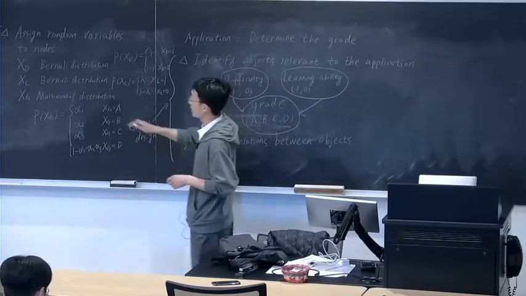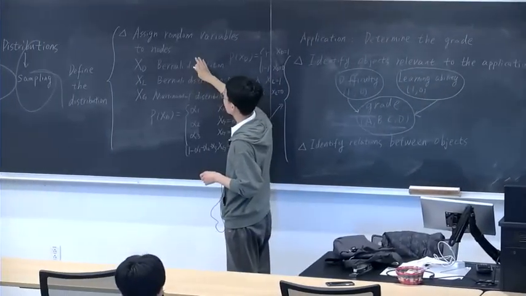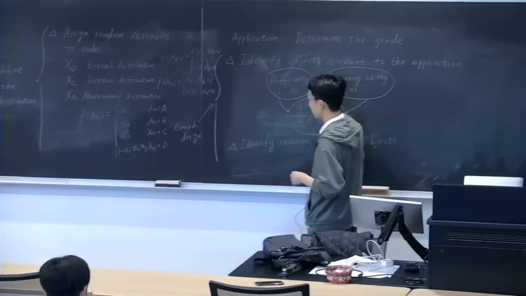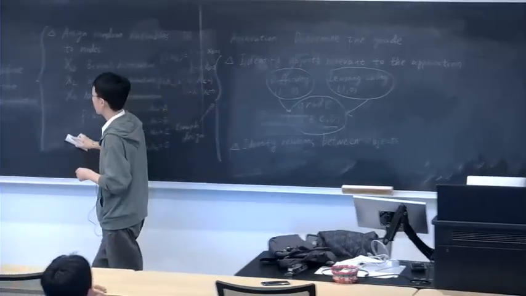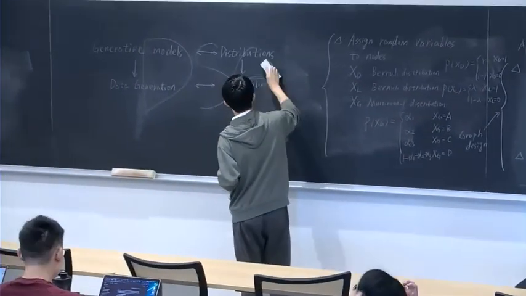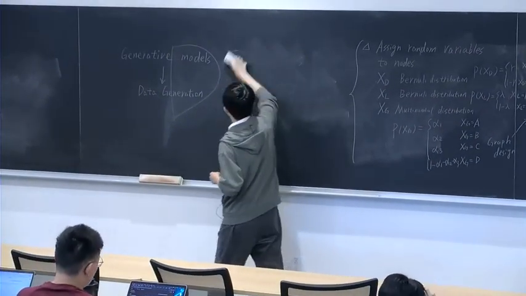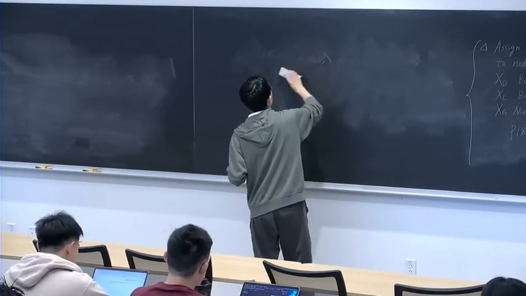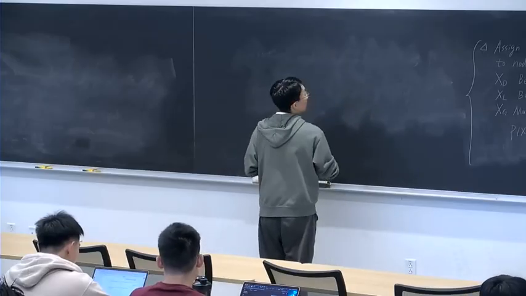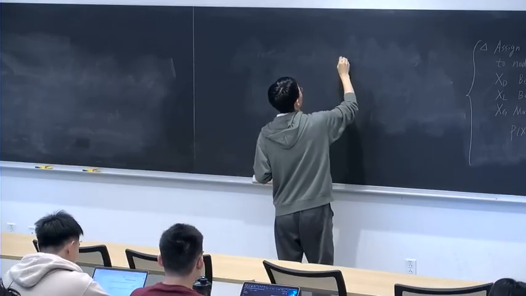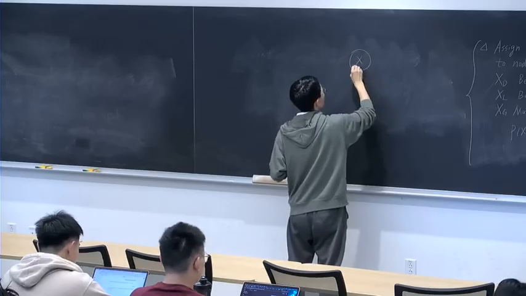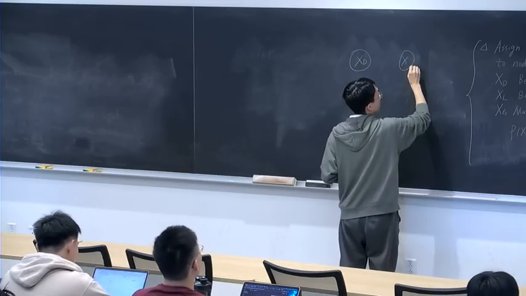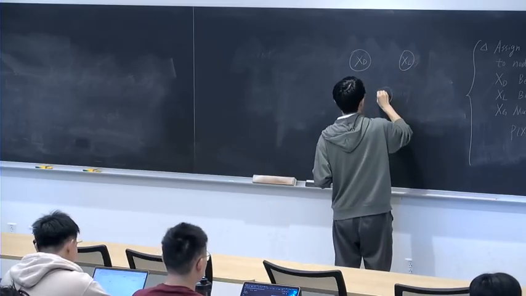Okay, so after this step, we basically finished the assignment of random variables to the nodes. After doing this, we get a graph of random variables: XD, XL, and XG.